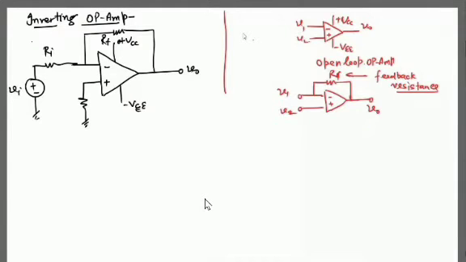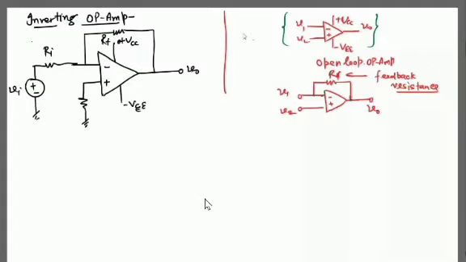Like this, this circuit is called open loop configuration. And if we apply one resistance between input and output, this resistance creates a feedback path. I hope you remember the meaning of feedback: if we take a portion of the output and apply it at the input, it is called a feedback path.